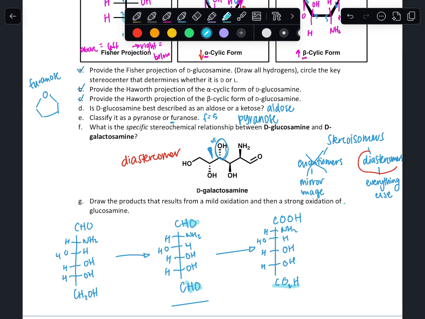But both of these end up as carboxylic acids. Another option here is turning any of these alcohols into ketones. So in that case, you could have something that looks like this.